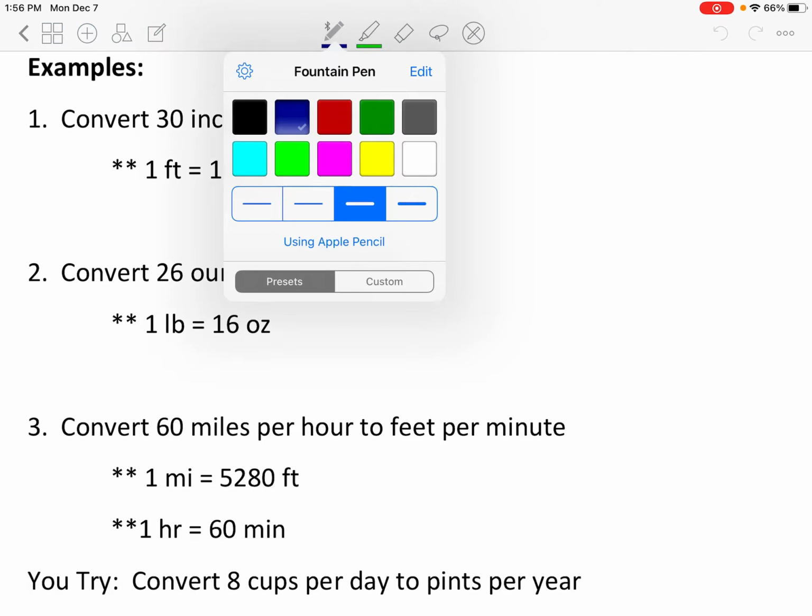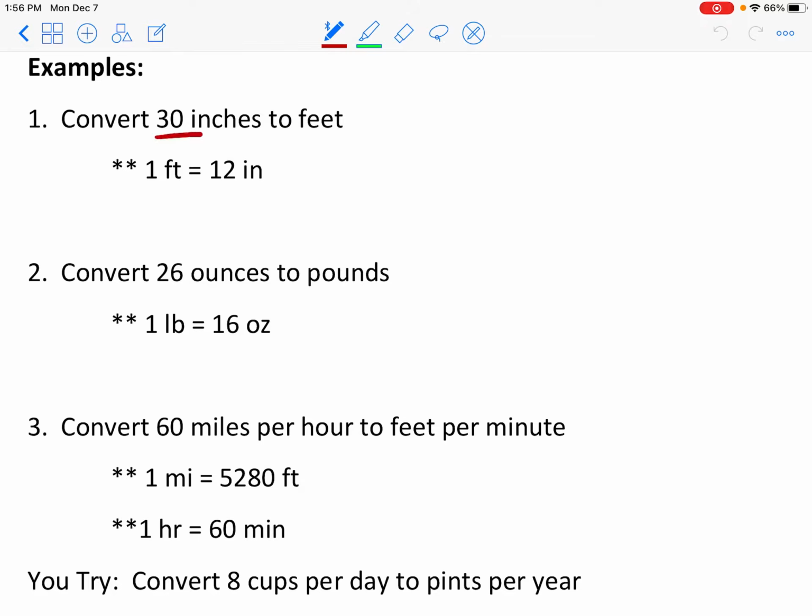Okay? So we're starting with 30 inches. That's the start. So I'm going to put 30 inches, and again I want to make it a fraction by putting a 1 under it. And then the unit fraction, since I want to convert to feet, I have to have a unit fraction that contains the same 2 units, inches and feet. And we have that here.